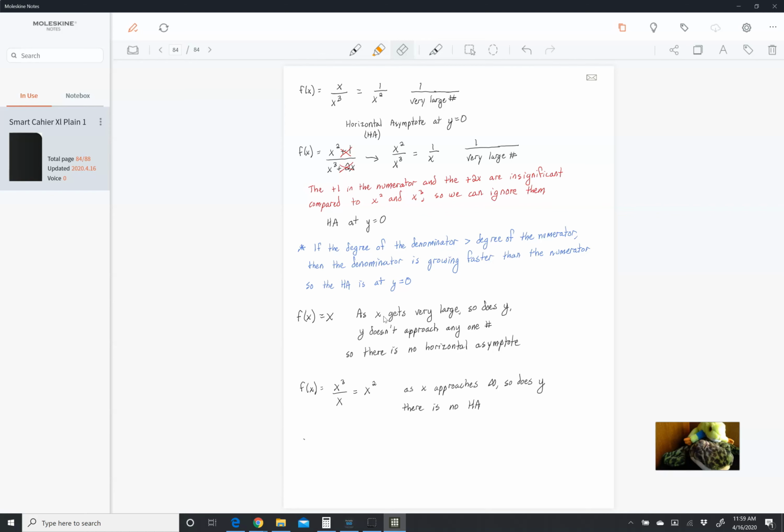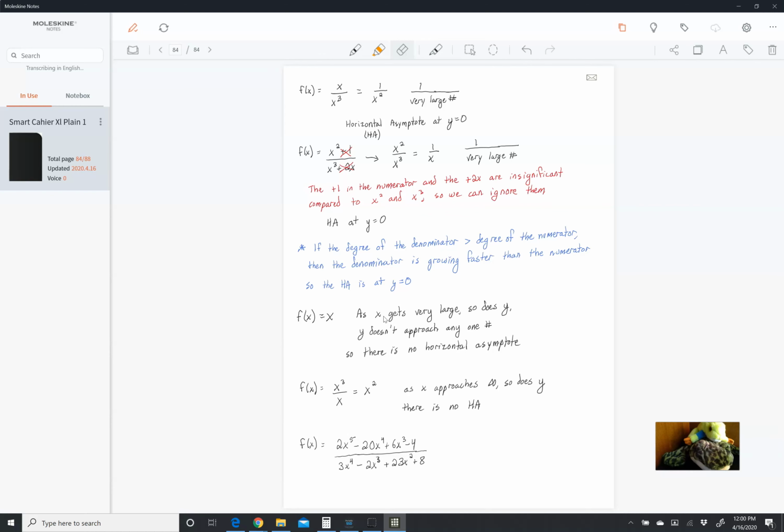We have f of x is equal to 2x to the 5th minus 20x to the 4th plus 6x cubed minus 4 over 3x to the 4th minus 2x to the 3rd plus 23x squared plus 8.